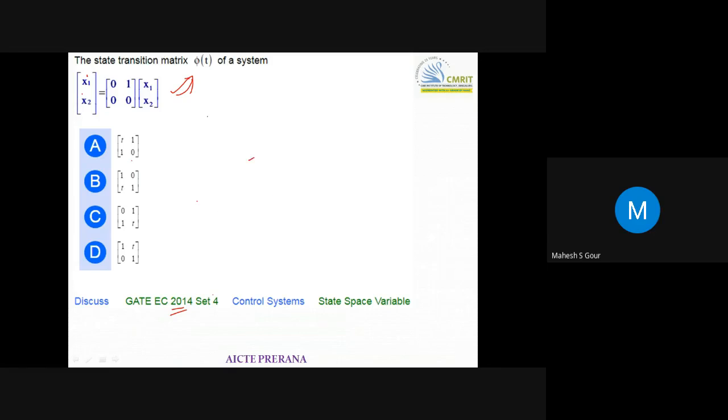What is asked? You need to find the state transition matrix phi of t of a system. Phi of t means you need to represent it in the time domain because all the answers are in the time domain. What is given? X dot of t is equal to A into x of t. This matrix is given.